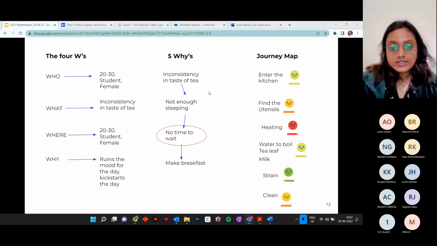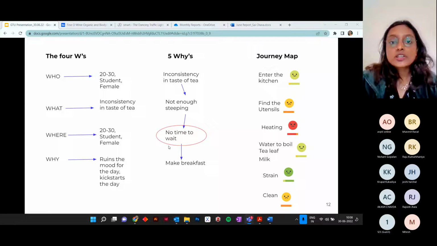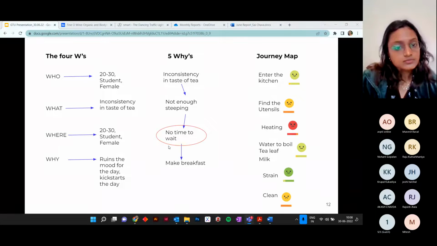There are problems that have started to surface now: the heating takes too long, the cleaning is too much, or the utensils I cannot find. Now, out of the problems, how do we actually make sure that we've picked a good enough one?